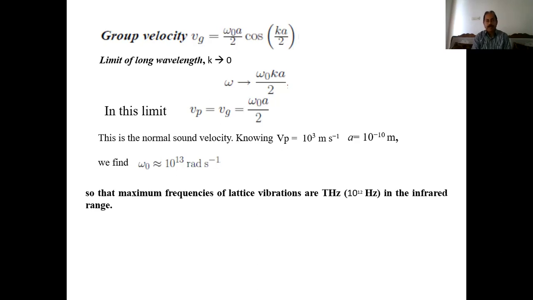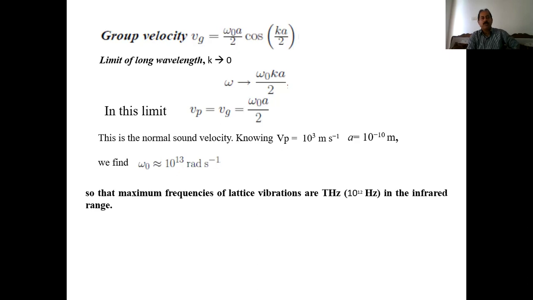Next, we discussed that due to this phonon vibration, we get two types of velocity. One is phase velocity, which relates to an individual phase, and the other is group velocity, which is a combination of many such vibrations.